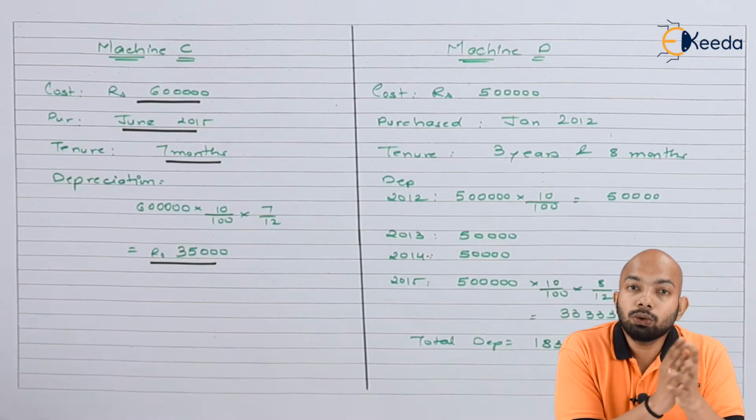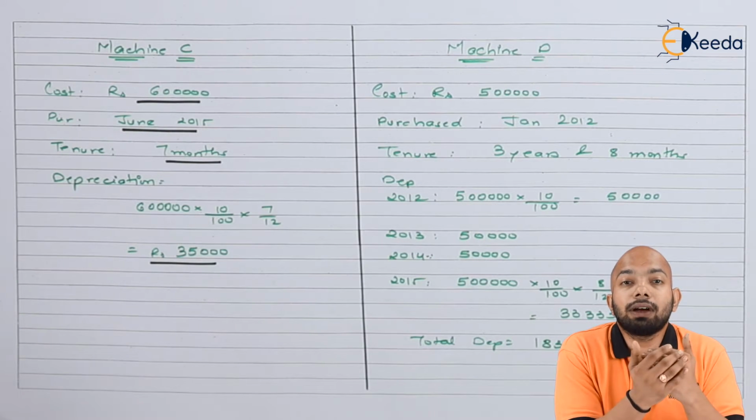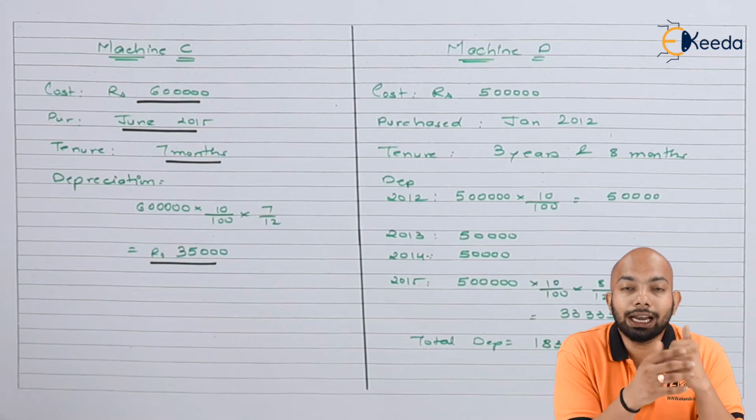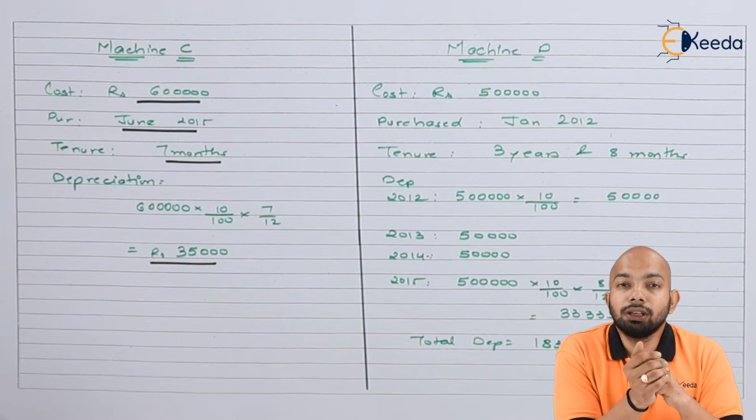Now that we have calculated the depreciation for all these assets, let's figure out what is the written down value, or rather what is the value of every asset that we have at the end of year 2015.